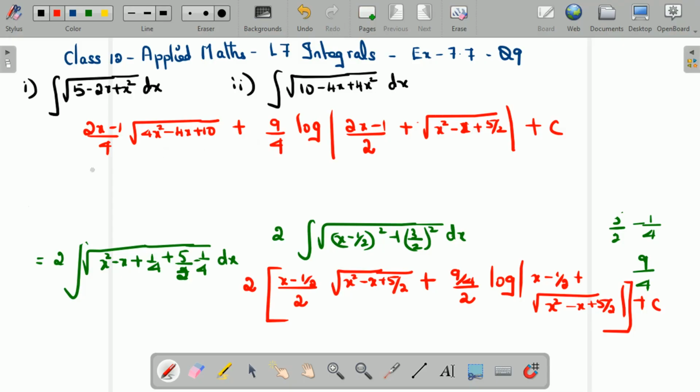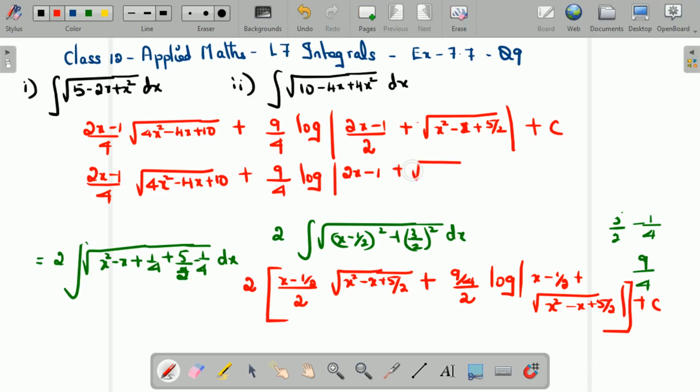So let's do that too. So this will become 2x minus 1 by 4 root of 4x squared minus 4x plus 10 plus 9 by 4 log of 2x minus 1 plus root of 4x squared minus 4x plus 10, the whole thing divided by 2, plus c.